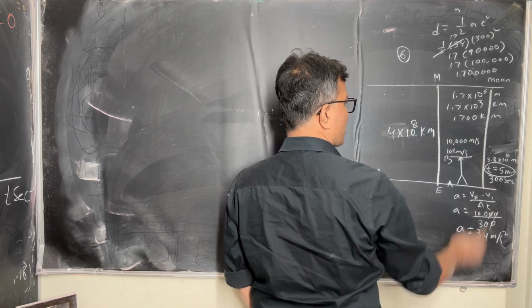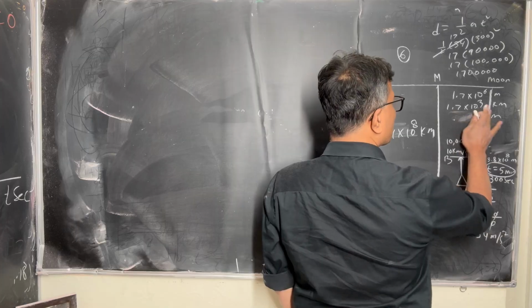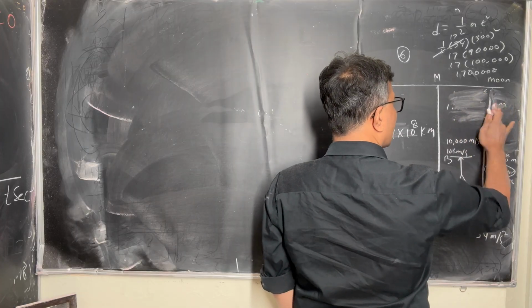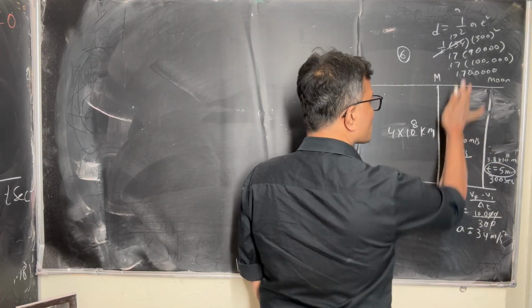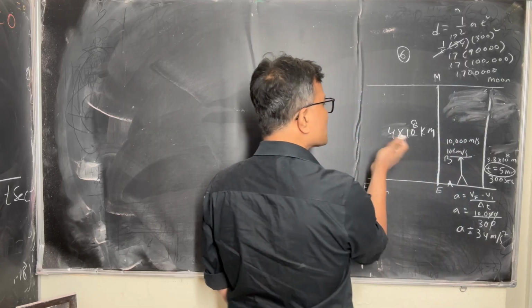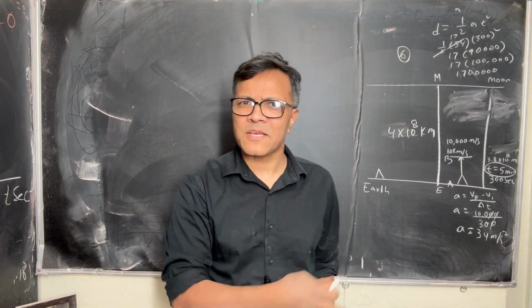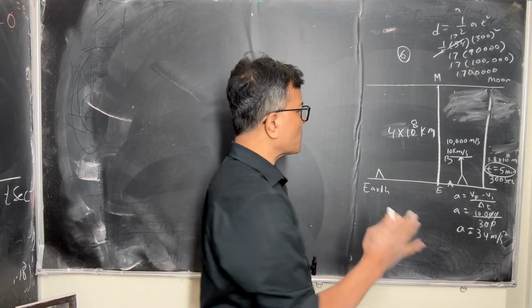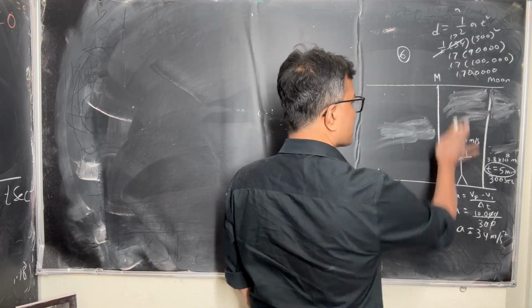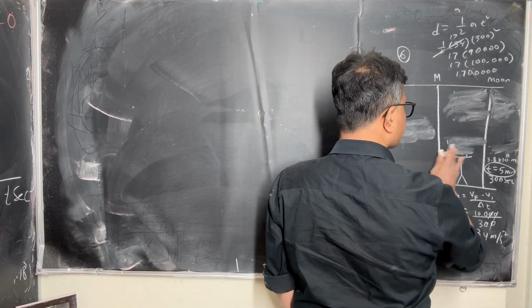So this is nothing. You can completely ignore that and call this a constant velocity problem, because this is going to make no difference. So treat this as a constant velocity problem. That's it.